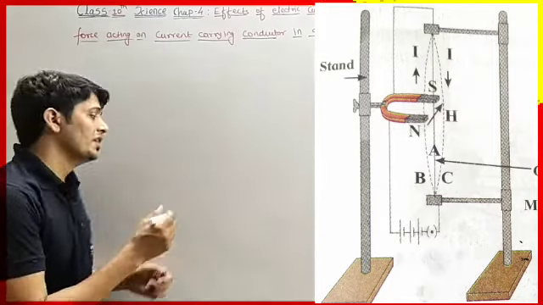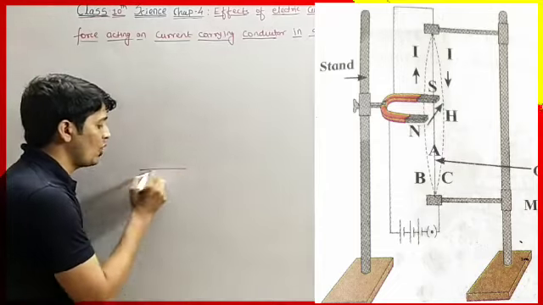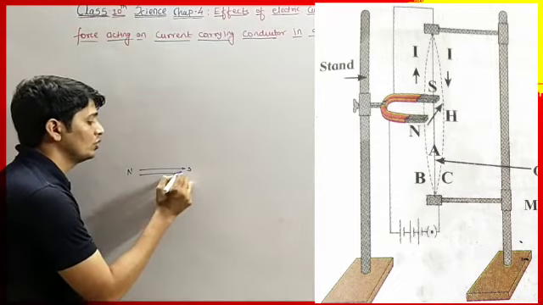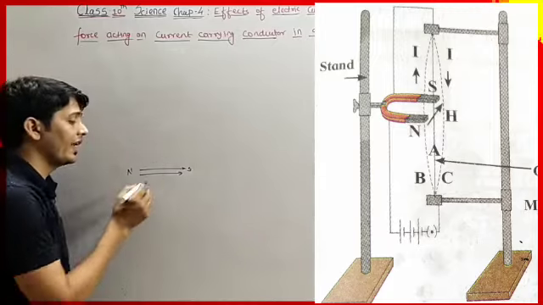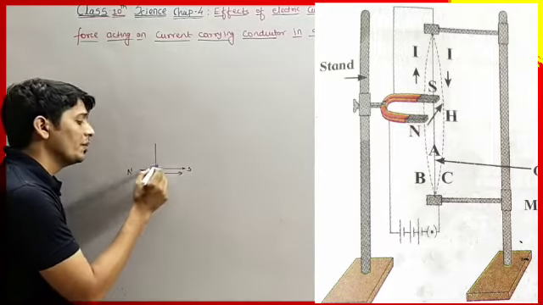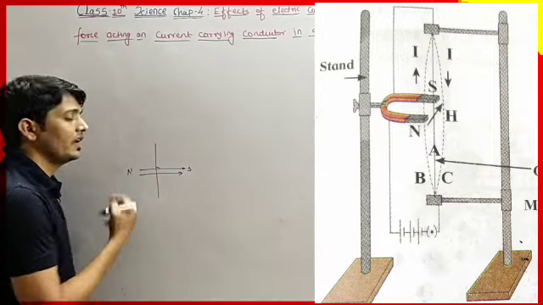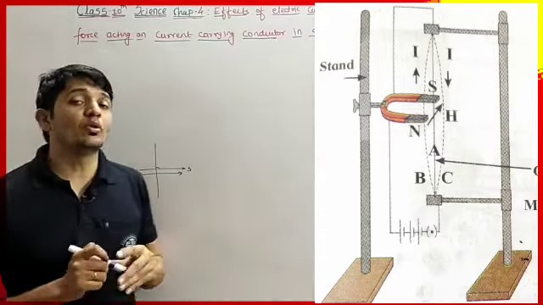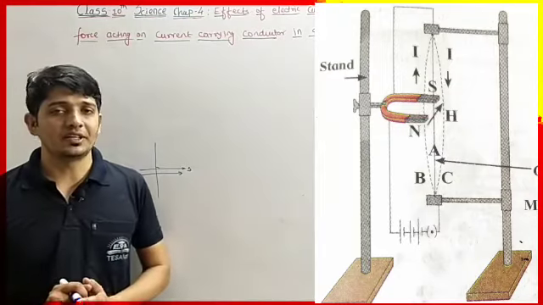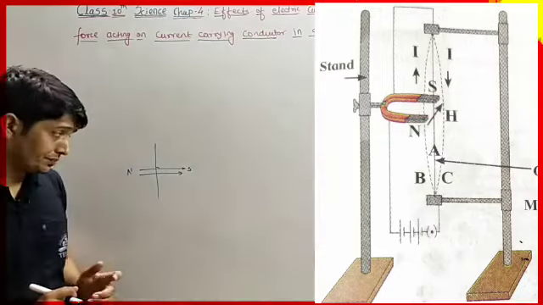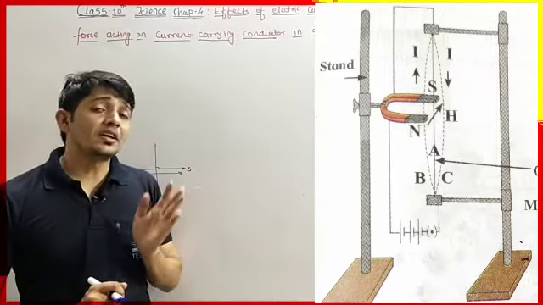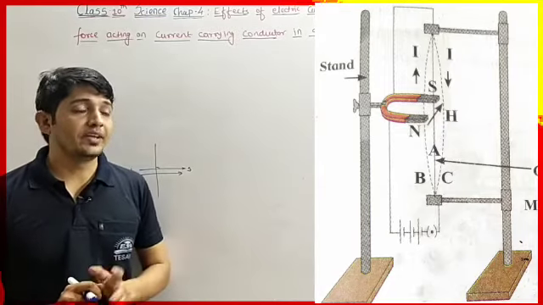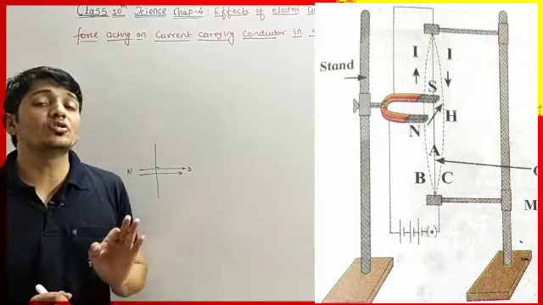Here the magnetic field acts from north to south, and the conductor is placed perpendicular to it because at that time the maximum force acts on the conductor.